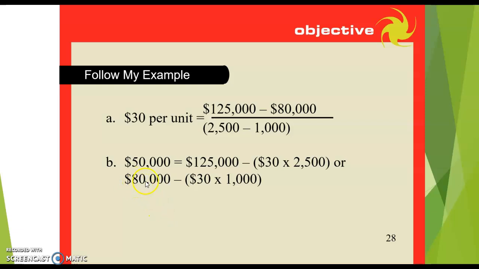January's total cost was $80,000, and I subtract out the variable cost part, which is the $30 times January's number of units, 1,000 units. And if I do that, I still end up with $50,000. Either way, you don't have to do them both ways. Pick a way, either the high or the low, but either way, you should come out with the same fixed cost. So now we know it's $30 per unit for the variable cost and $50,000 total for the fixed cost.